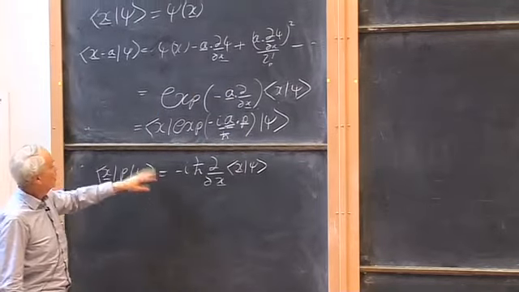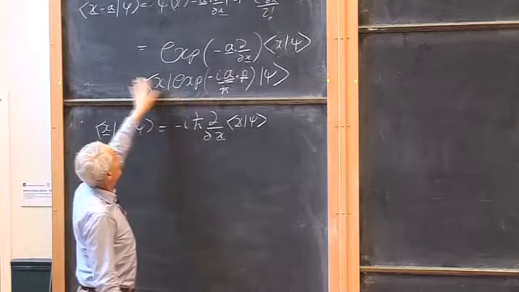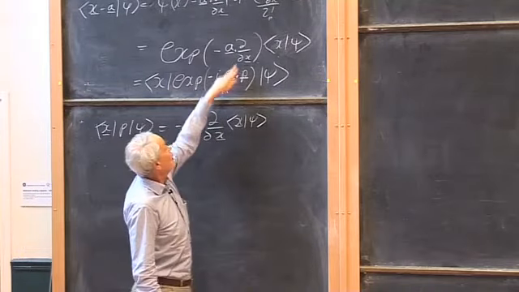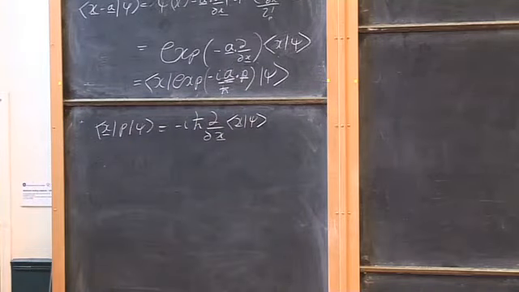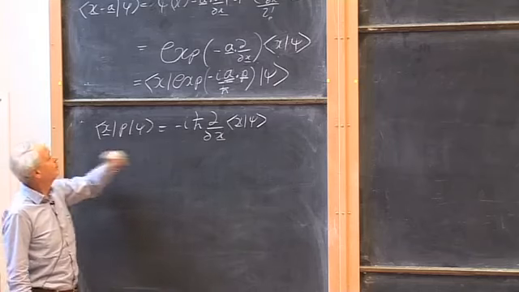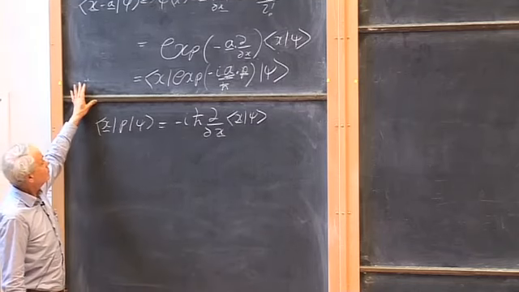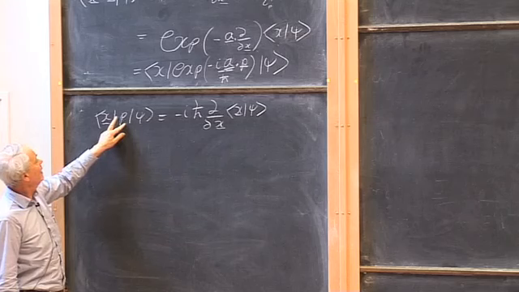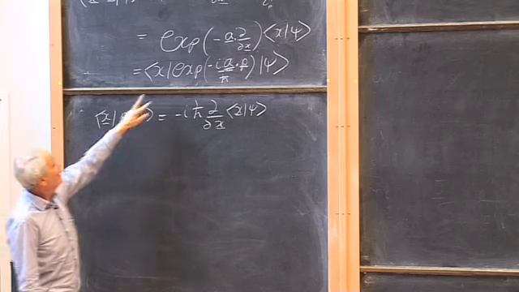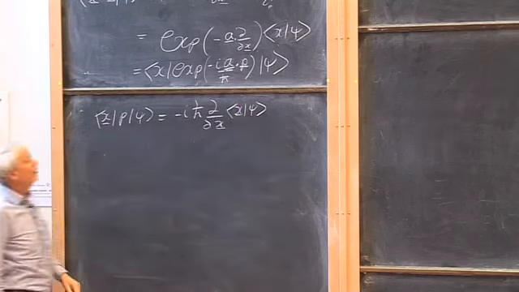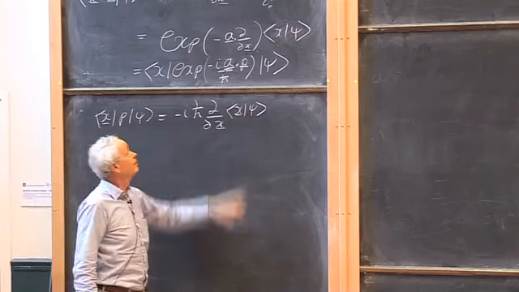Okay, so I can just make a change of notation here because of this, where I've replaced p now by the function of p that you see there. And then we have a function of this operator.